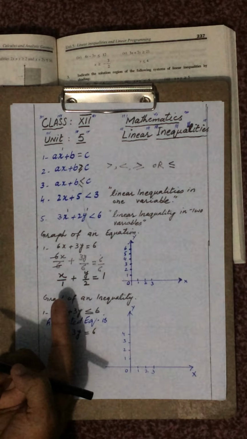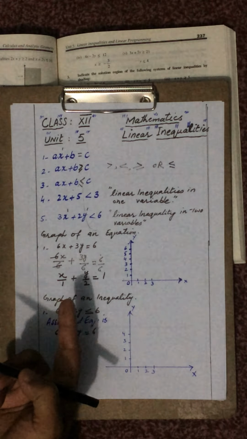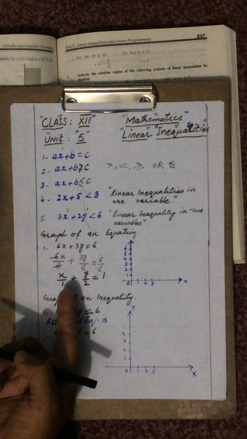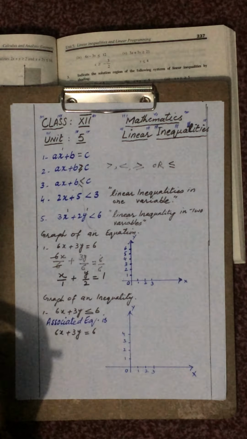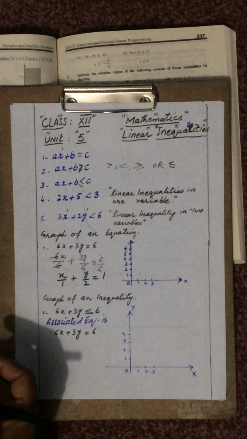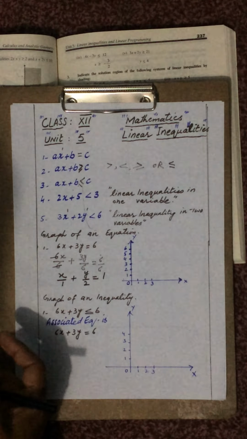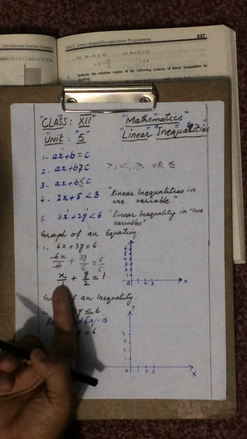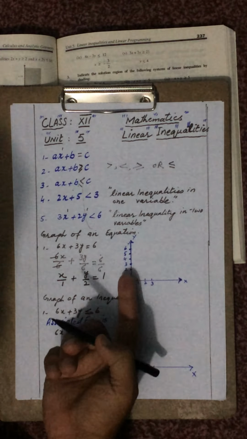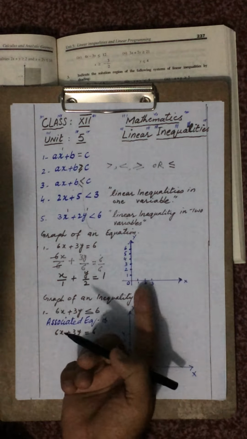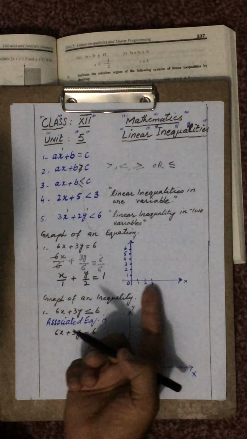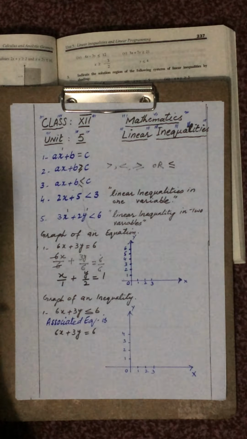Now it is very easy to draw this equation on the graph paper. How can you draw this on the graph paper? Here the x-intercept is 1, so we draw the xy plane, take some points on the x-axis and some points on the y-axis.